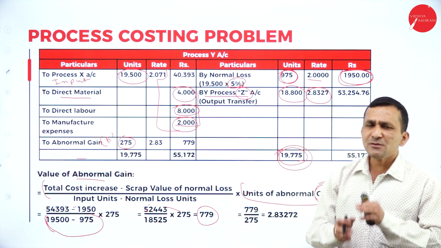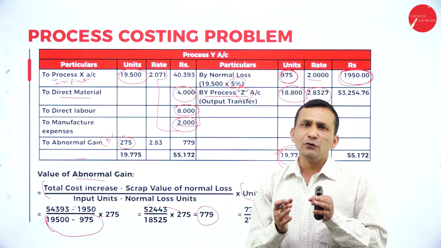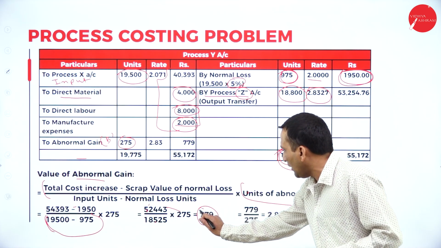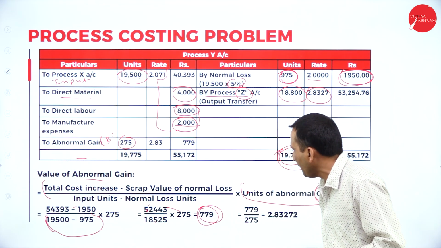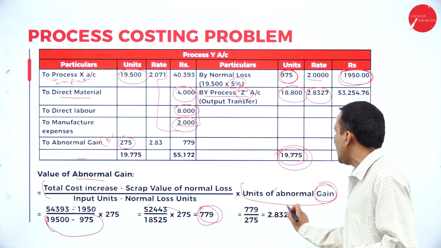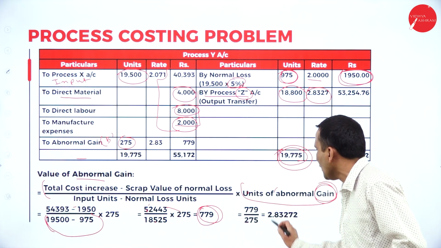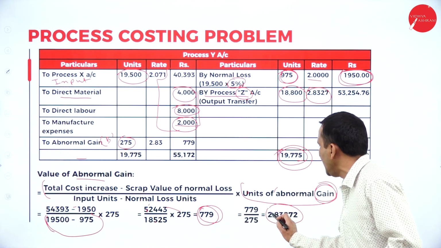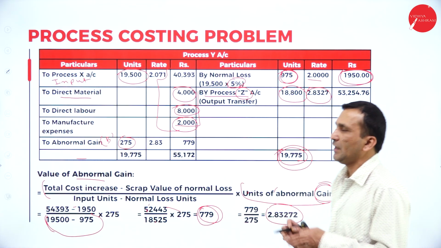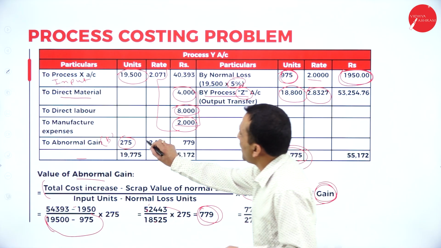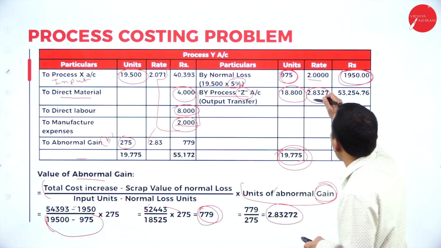But as per the format, we need to find the cost per unit. So the 779 we need to divide by the abnormal gain unit, the difference we found, 275. Finally the rate per unit is 2.83272, which is applicable for the abnormal gain as well as the output.